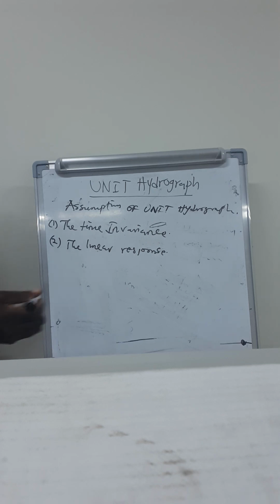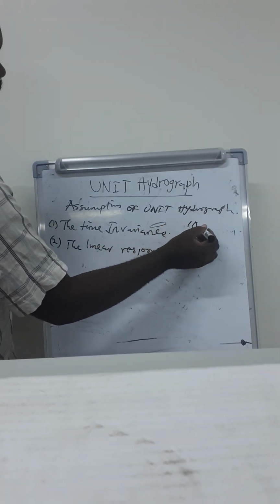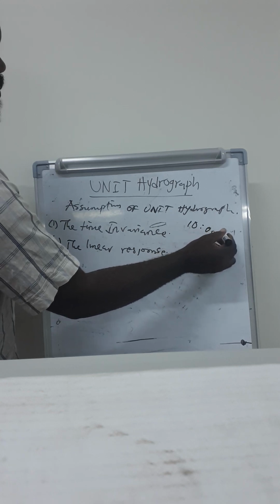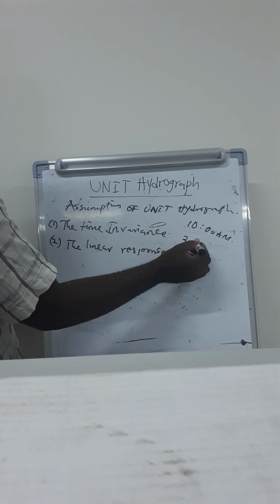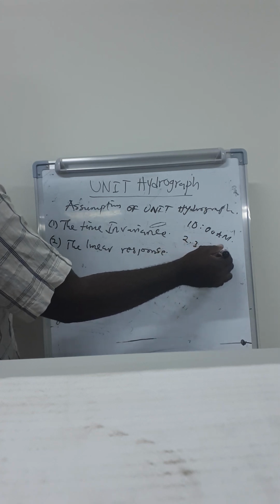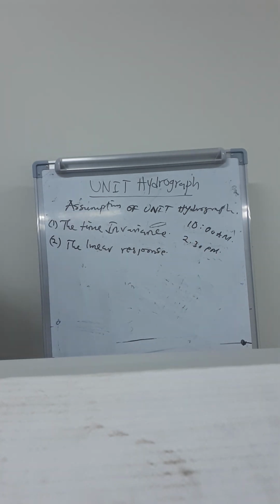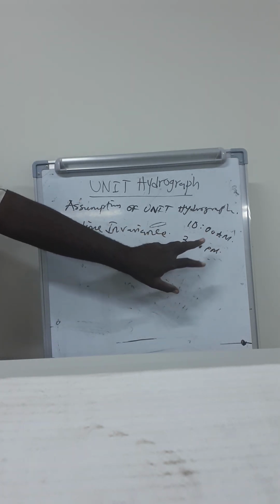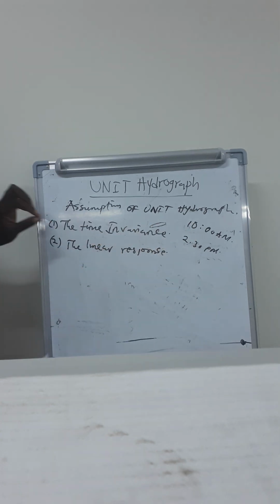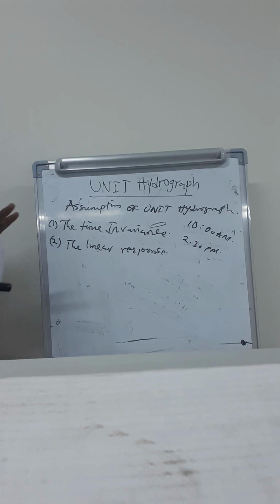If maybe we have a storm occurred at, let's say, 10 a.m. in the morning, and another storm happens at, let's say, 2:30 p.m. in the evening, then the unit hydrograph is constant at this time and also constant at this time. So that's what we are trying to say, that there is a time invariance. That is, there is no variation in the value of the unit hydrograph with respect to time.